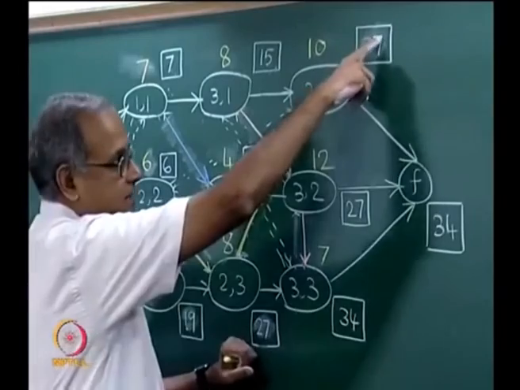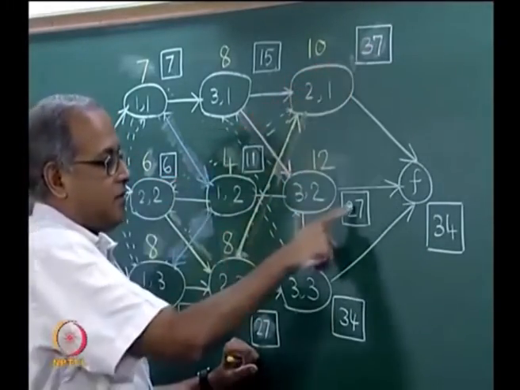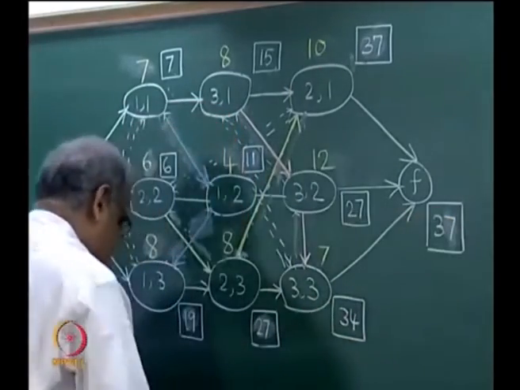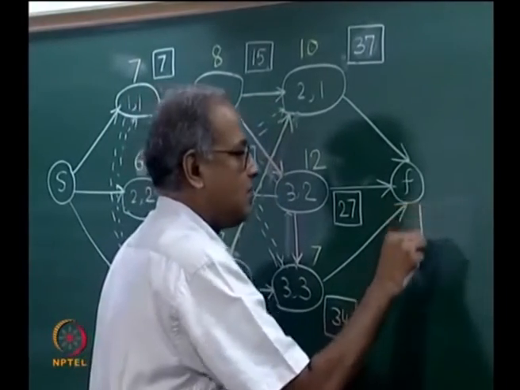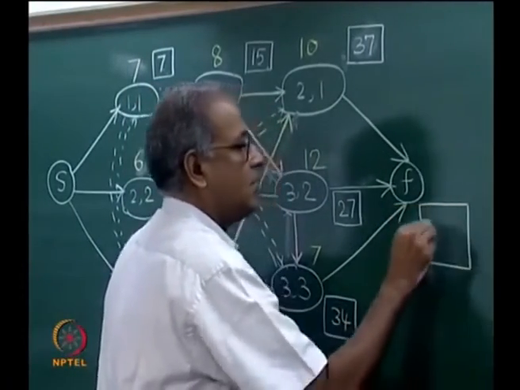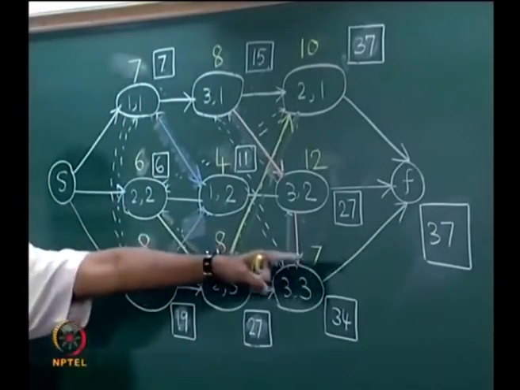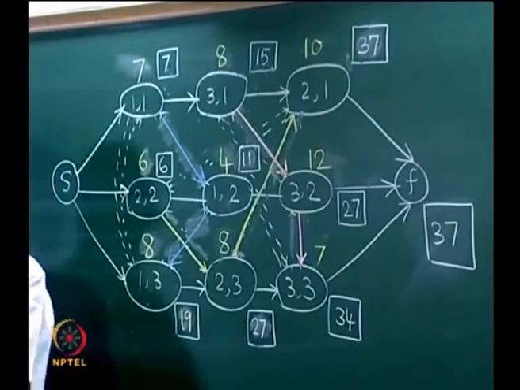So, finally, the longest duration will be the maximum of 37, 27 and 34, and we will get a solution with 37. Now, the makespan is 37, and we have a feasible solution with makespan equal to 37.